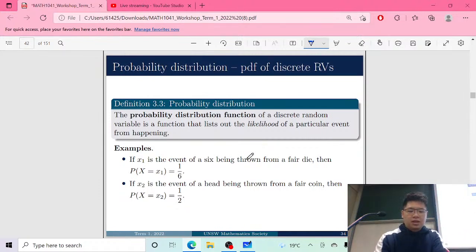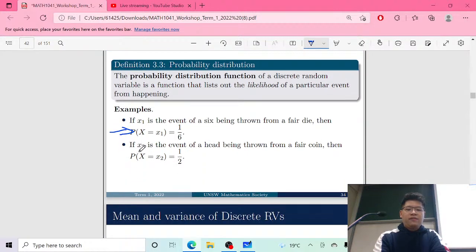And this p right here is the probability distribution. It tells us the probability of this event happening. Same thing here: if your random variable is heads being thrown from a fair coin, then the probability of heads is just a half. Okay, that's the probability distribution.